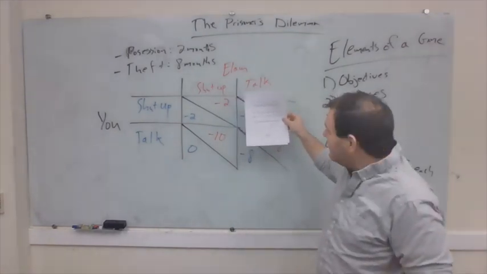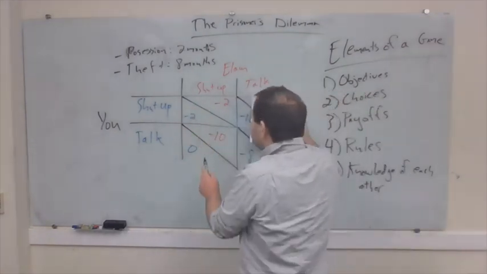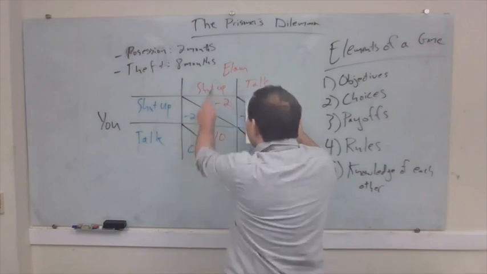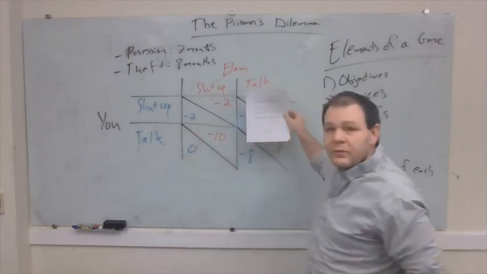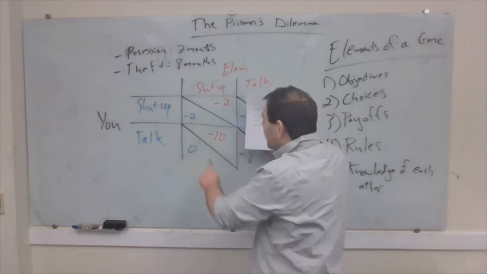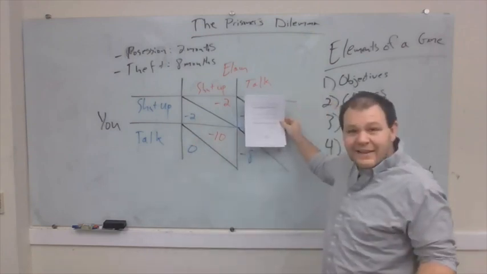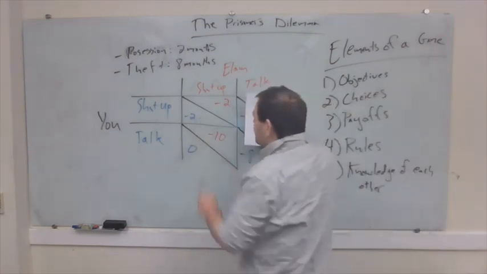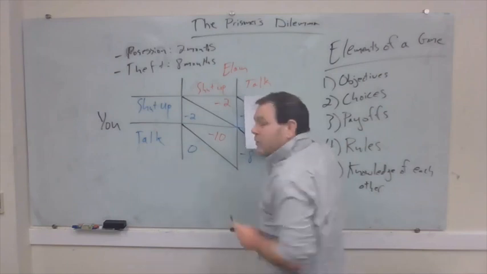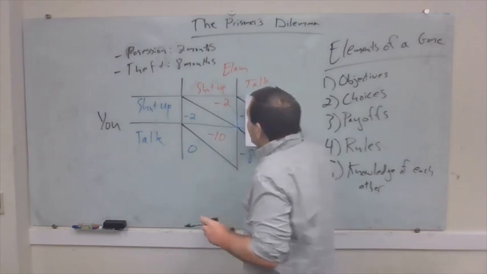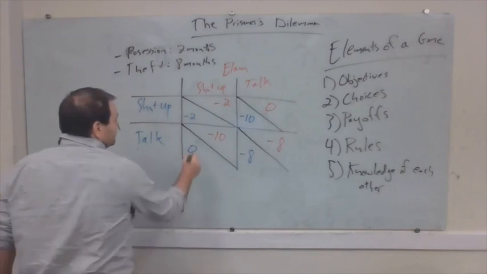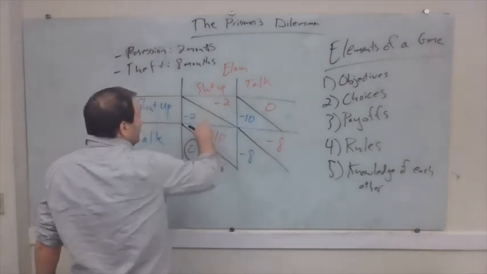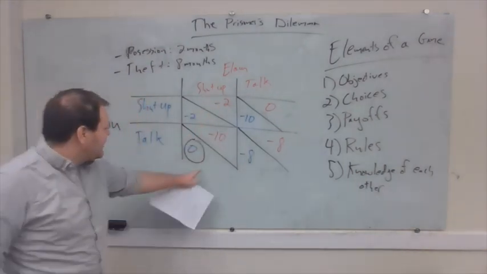So in that case, right, all we have to worry about is our best move, given that President Elam's going to be quiet, whether to be quiet ourselves or to talk. Well, in this case, right, we'll get 2 months community service if we're quiet. We'll get no community service if we talk. So our best response to President Elam being quiet is going to be to talk, right?